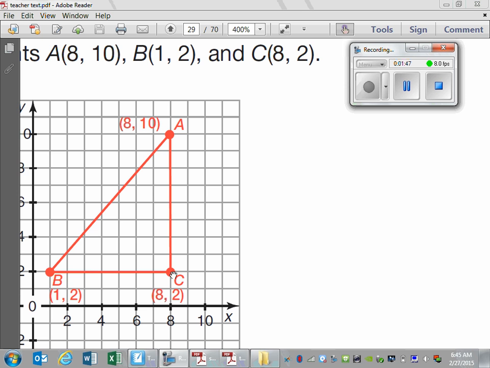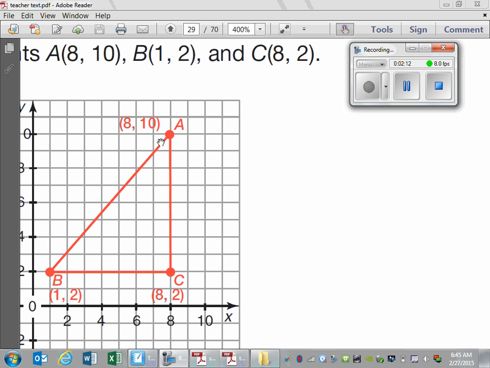So let's say segment BC is 1, 2, 3, 4, 5, 6, 7. And let's say segment CA is 1, 2, 3, 4, 5, 6, 7, 8. All right, so we have 7 and 8. And then let's mark that on B. So the length of AC is 8, the length of BC is 7.